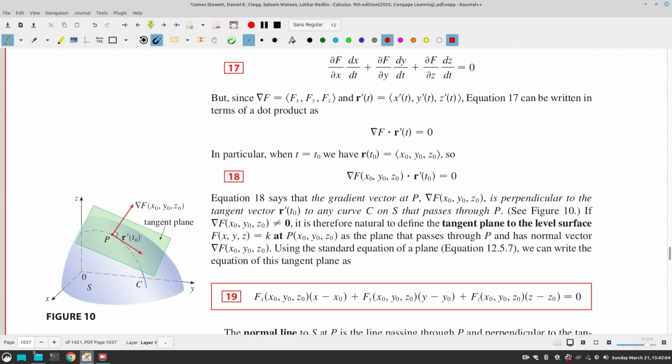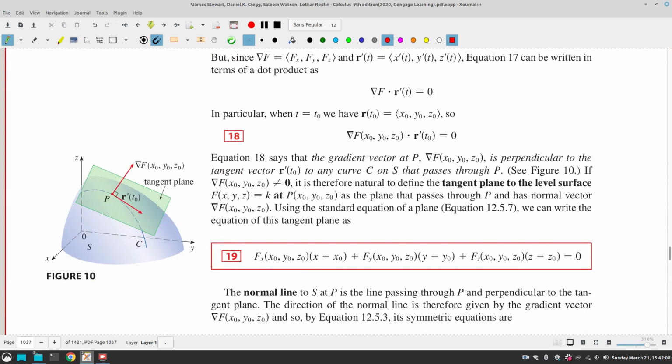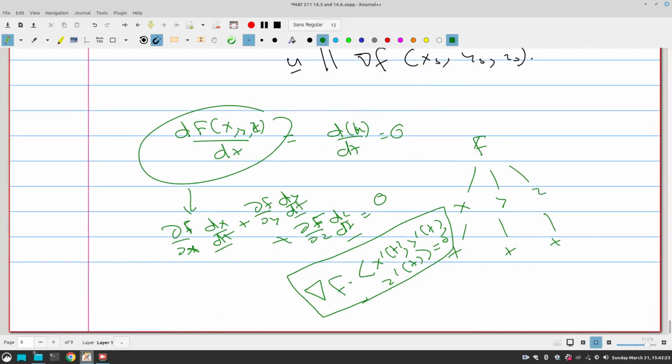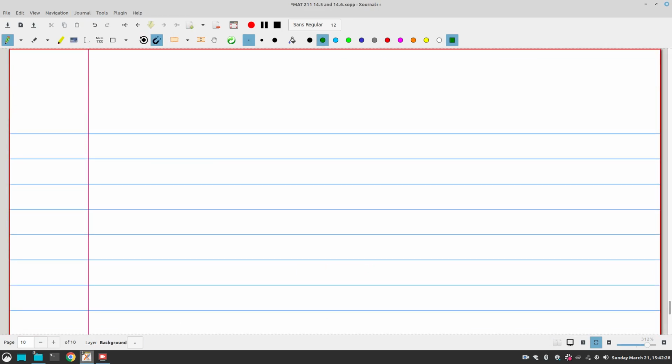And of course, this vector x prime t, y prime t, z prime t may be written as r prime t.